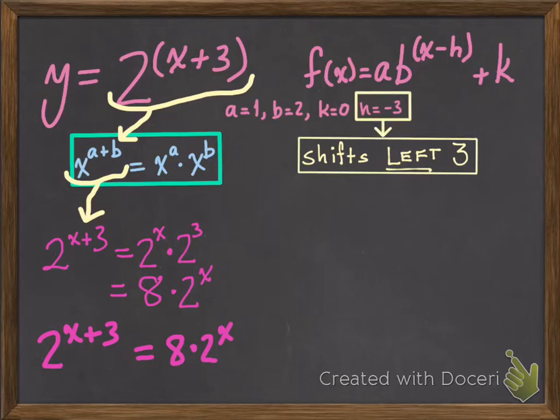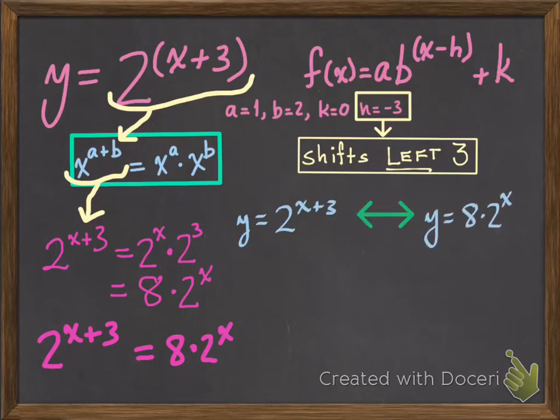So a horizontal shift left of 3 units is exactly the same as a vertical stretch of a factor of 8. I have a base of 2 being shifted left 3 units, and that gives me the same thing as a vertical stretch of 8. 2 to the third, in fact. It's not a coincidence, folks.